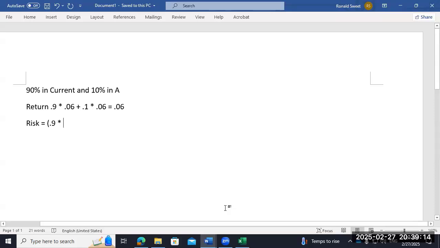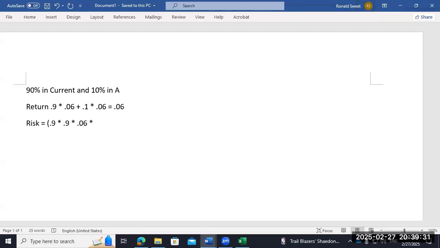Weight squared times risk squared plus weight squared times risk squared plus 2 times weight times risk times weight times risk times correlation. So 0.9 times what? You've got to square it, times what? 0.6. And then is it plus or times? Plus.